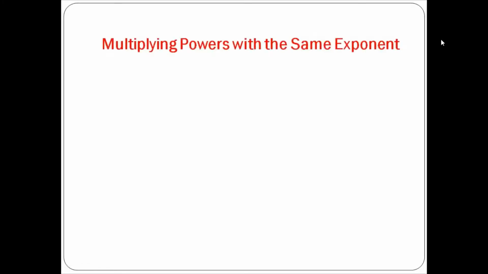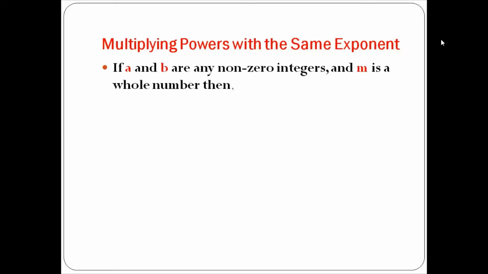Let's see the fourth law of exponents: multiplying powers with the same exponent. If a and b are any non-zero integers and m is a whole number, then a raised to the power of m multiplied by b raised to the power of m. Here you can see that in both the terms the bases are different but the power or exponent is the same.